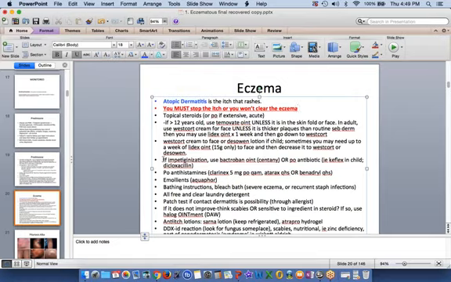You always have to make sure that if you see eczema, other than erythematous, scaly patches, papules, that has a yellow discharge, this is what you're going to need to do.